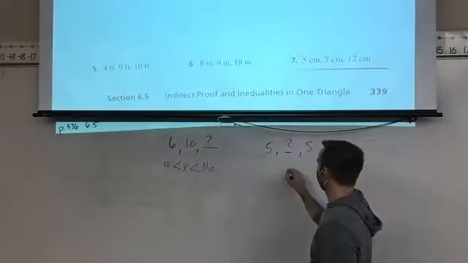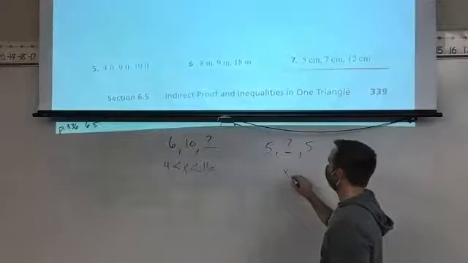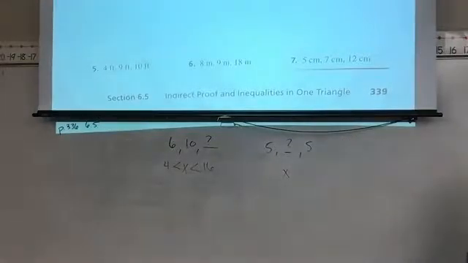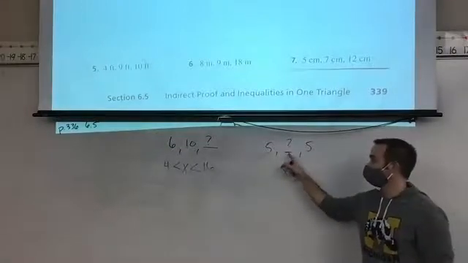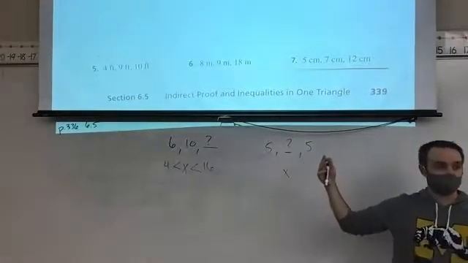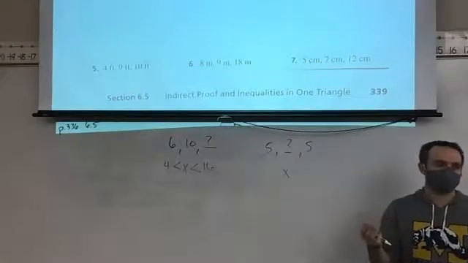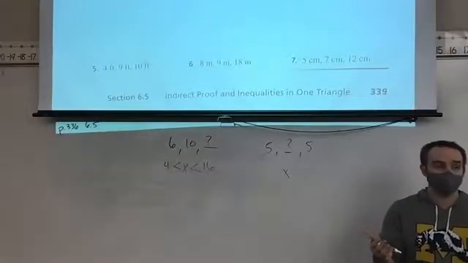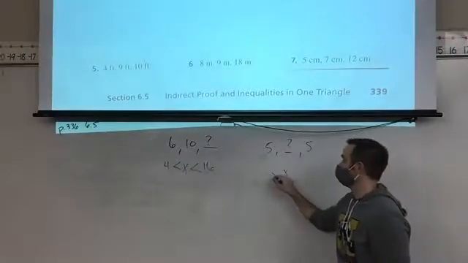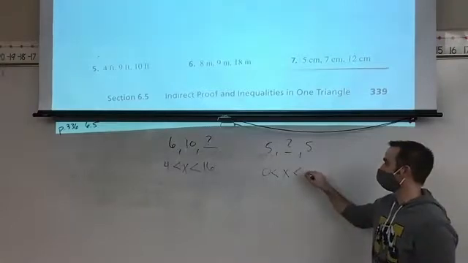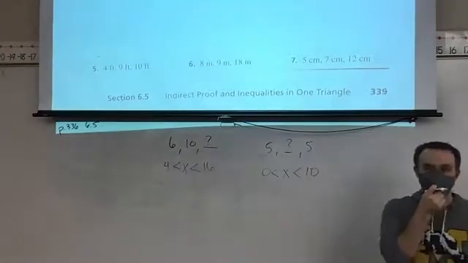Greater than 5. No? It can be smaller than 5. Could it be a 1? Could be 1, right? 5 plus 1 is bigger than 5. That works. Could it be 0? No, you can't have a side length of 0. Could it be 0.1? Yeah. So it's going to be bigger than 0. What does that have to be less than? 10, right? It'll be less than 10.